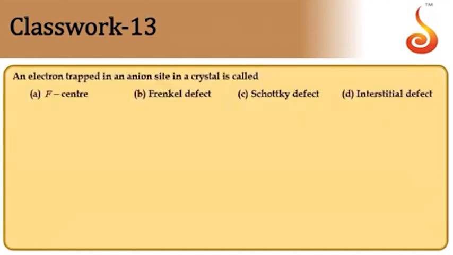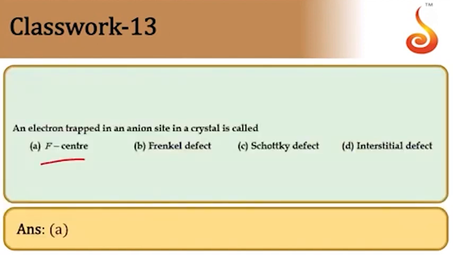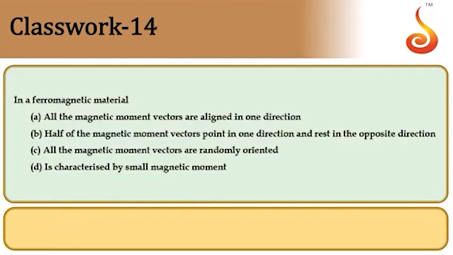So the answer is F center, option A. Then in a ferromagnetic material, all magnetic moment vectors are aligned in one direction. This is a property of ferromagnetic material. All magnetic moment vectors are aligned in one direction. So A itself is the correct answer.